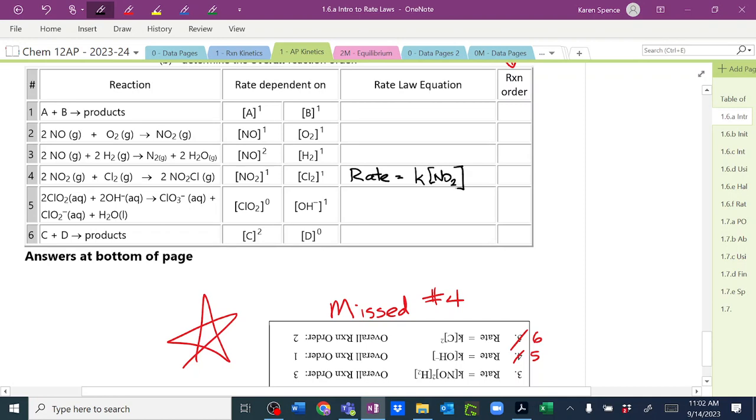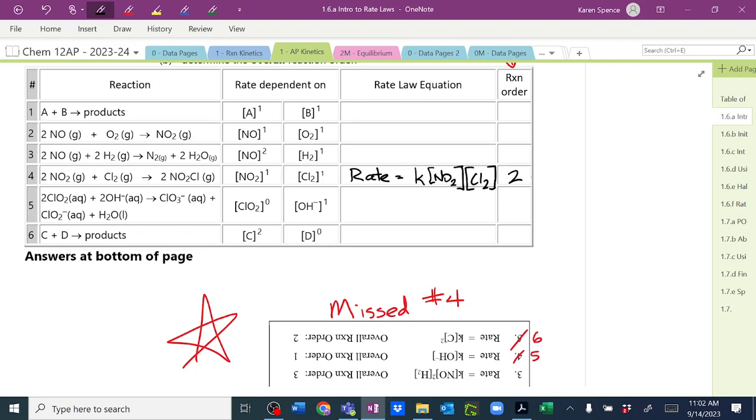And you don't have to put the 1, you can put the 1, but you don't have to. And Cl2, again to the 1. What's the overall reaction order? 2. Beautiful. Yes? Yeah, it'll know moles per liter. Yeah.